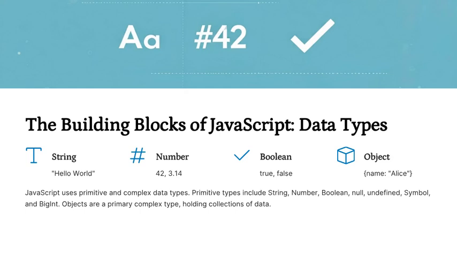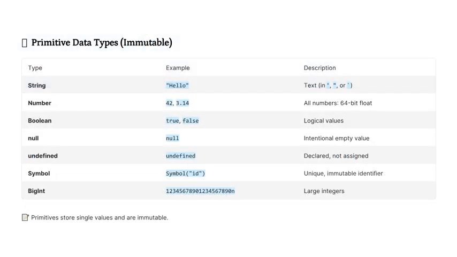The summary table provides a quick overview of the different data types and their characteristics. Strings are text, enclosed in single, double, or backticks. Numbers are all 64-bit floating point, including integers.